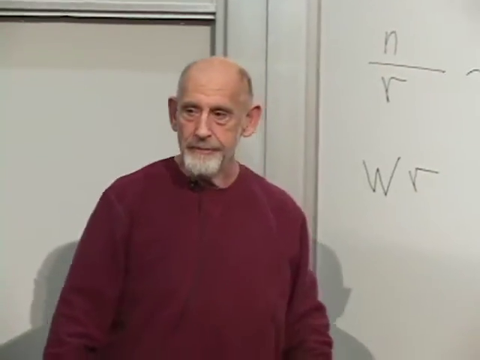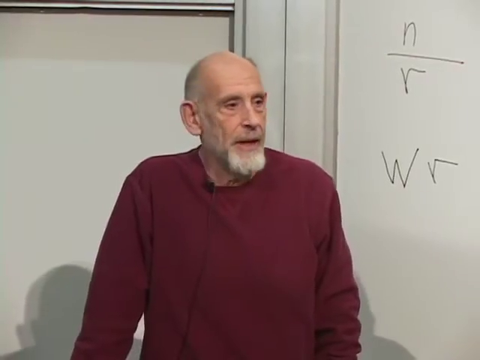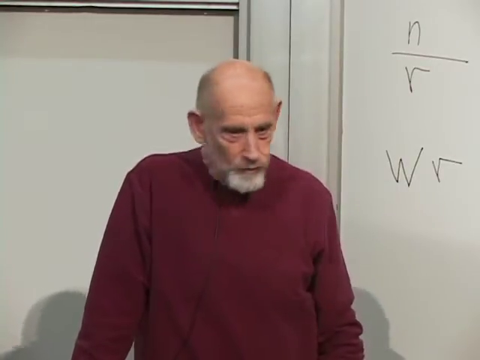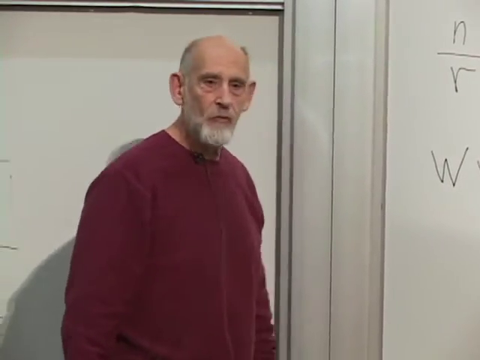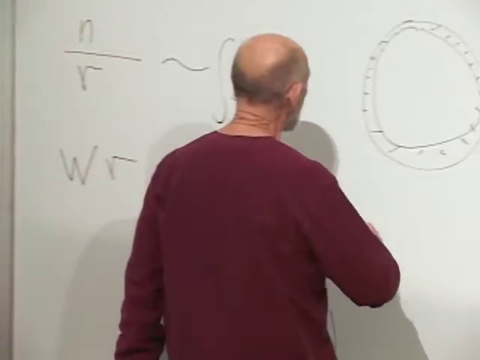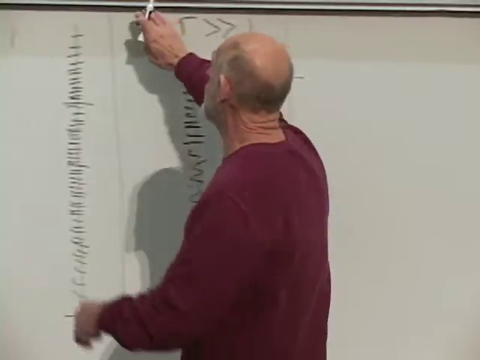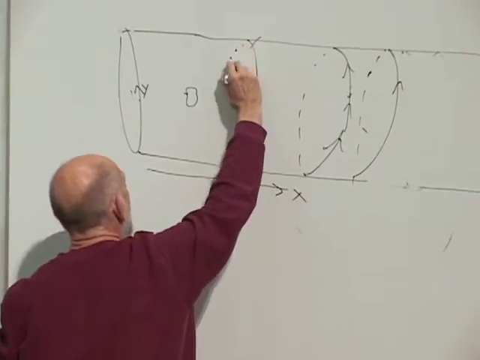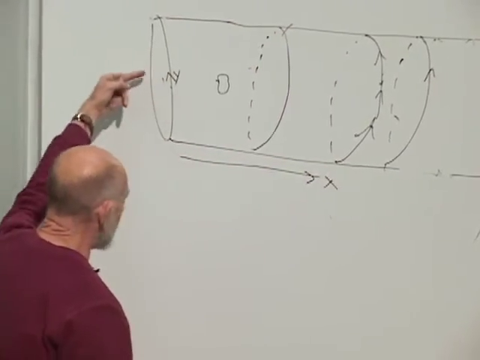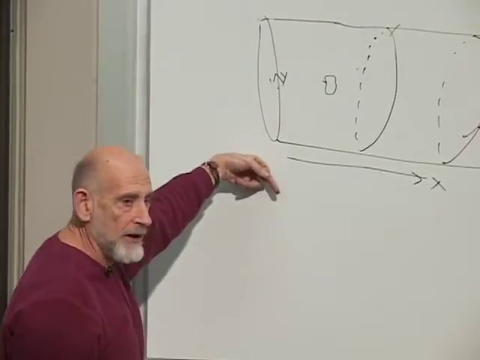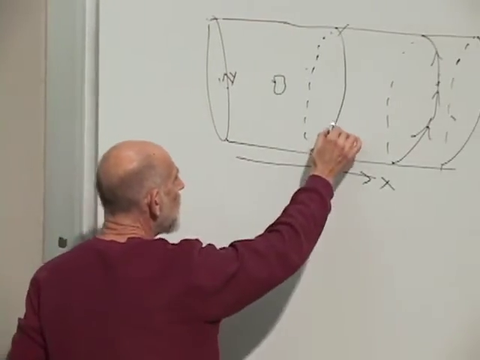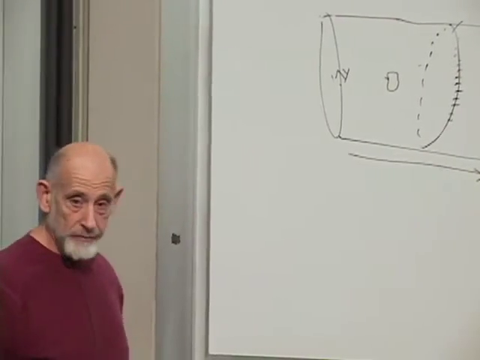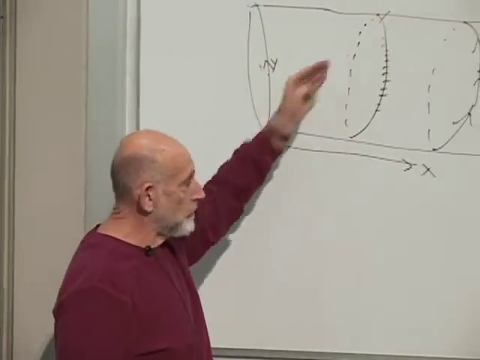What about the winding number? Anybody got a mathematical expression for the winding number? Imagine now a string which is wound, the simplest possibility. It's wound around here. This is the y coordinate. The y coordinate is periodic, it comes back to itself, but the string also has a sigma coordinate, and that's embedded in the string.